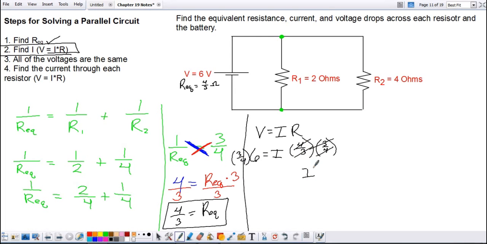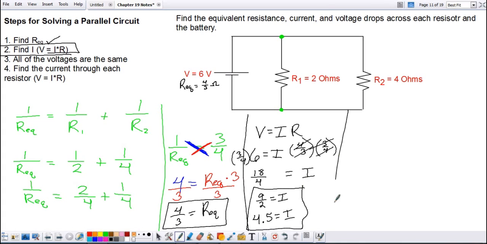And we have the current is equal to 18 over 4, which we know reduces to 9 over 2. And if you want, you could write this as a decimal. This one at least ends, so it's a little bit better if you're going to use a decimal. But you can leave it as a fraction as well. So the current here is 9/2, or 4.5 amps.